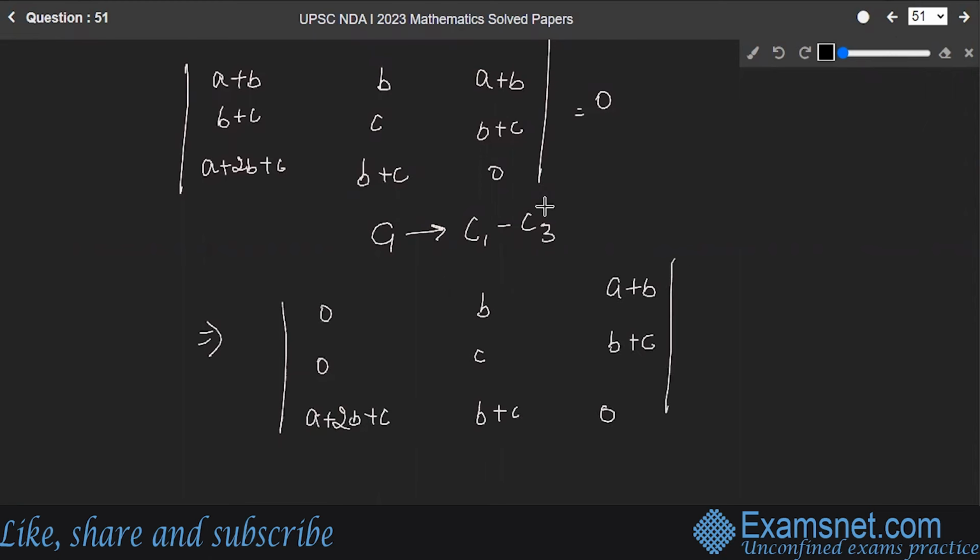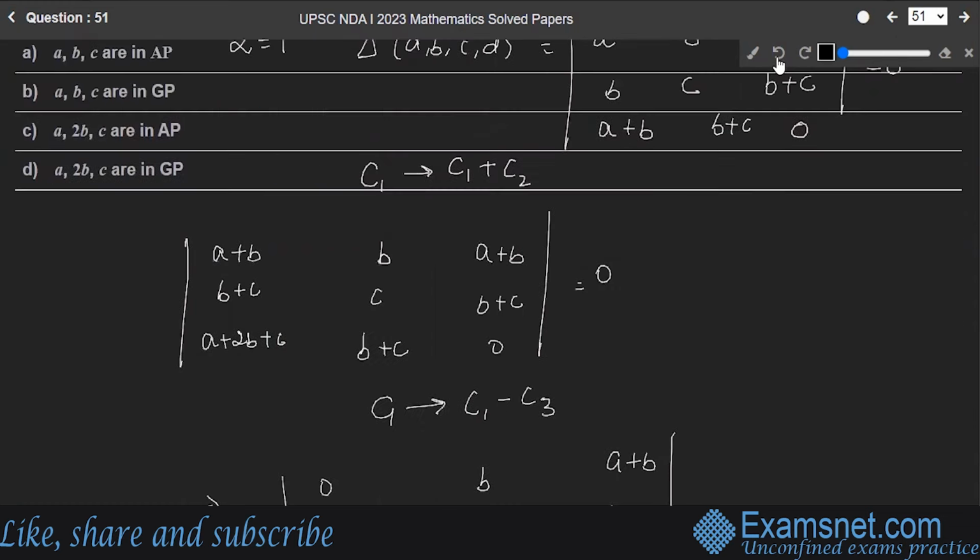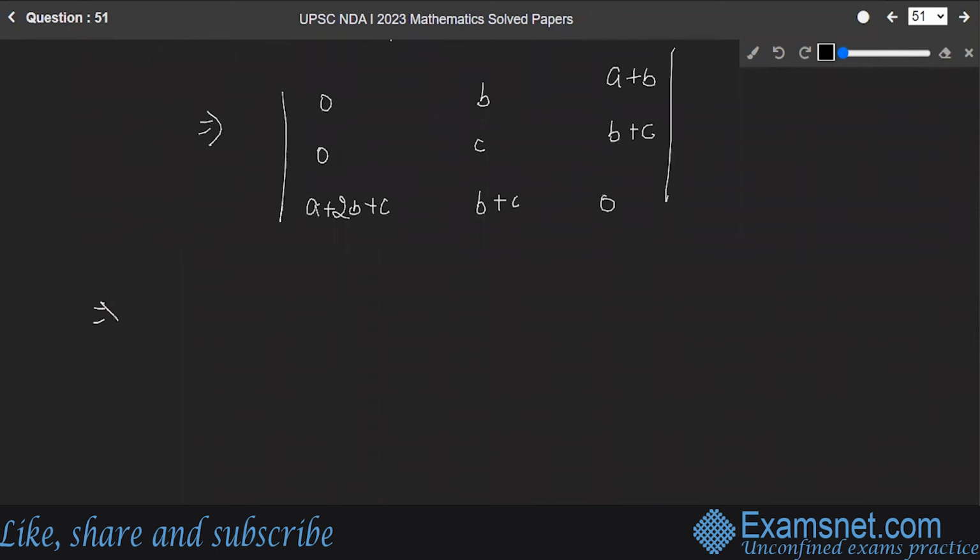Now let's do the expansion through the column 1. This will give you that the determinant is equal to (A plus 2B plus C) whole multiplied by (B square plus BC minus AC minus BC). These two will cancel.